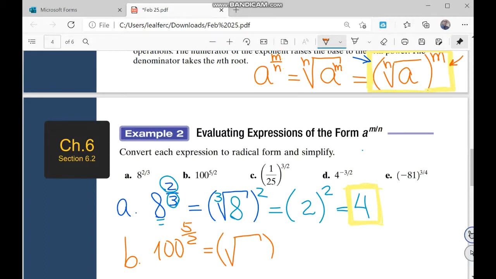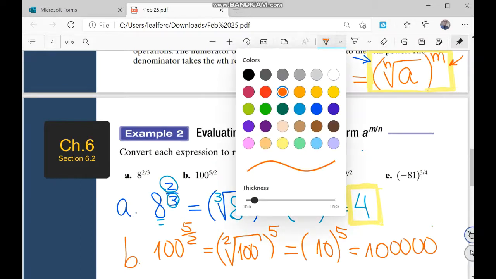Inside, you're going to use the same base 100, and as the index, number 2, a square root, and as exponent number 5, the numerator. What's the square root of 100? Square root of 100 is 10, and then 10 exponent 5 is 10, 1, 2, 3, 4, 5, 5 zeros. That's the answer.